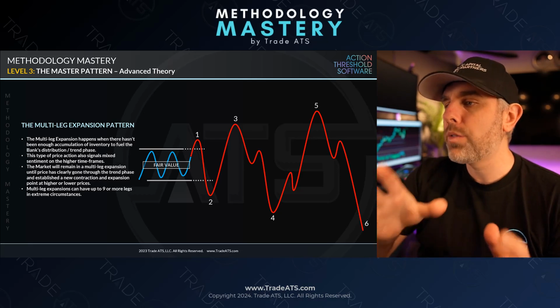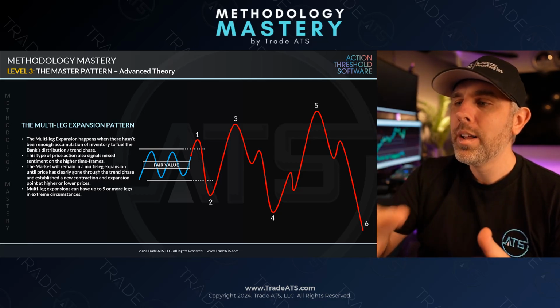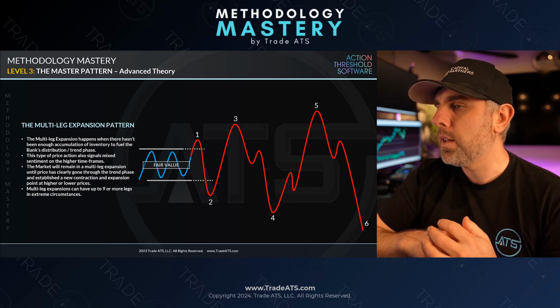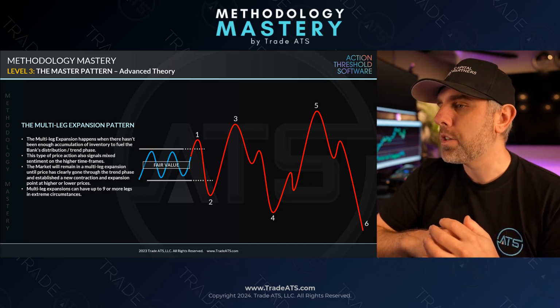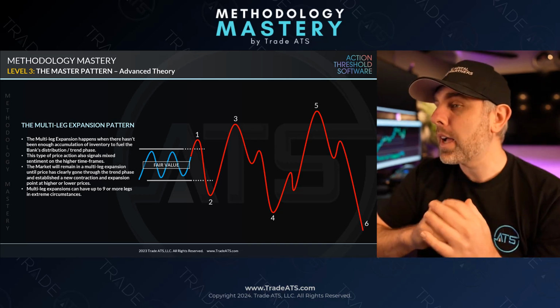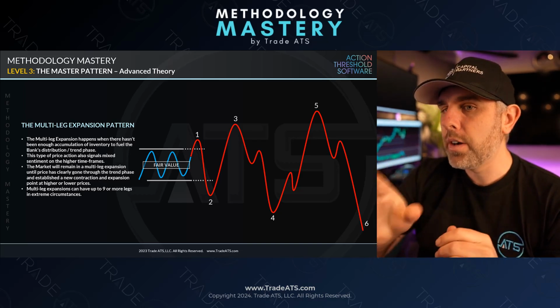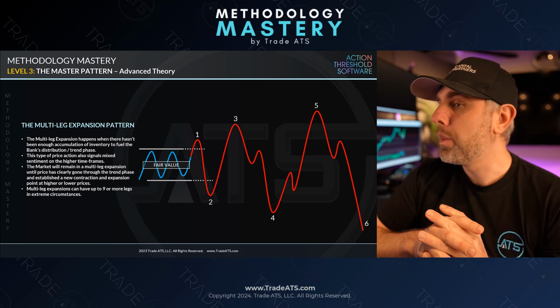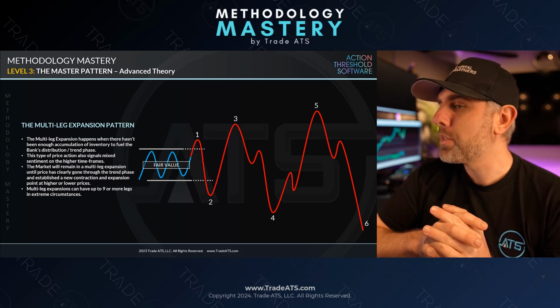And this is where all of our entries and our understanding start, from understanding that this is playing out, the multi-leg expansion, and what the characteristics are of this type of price activity. So very, very important to understand this. Because if you don't understand it, you're typically going to fall victim to it and do the wrong thing at those numbers.